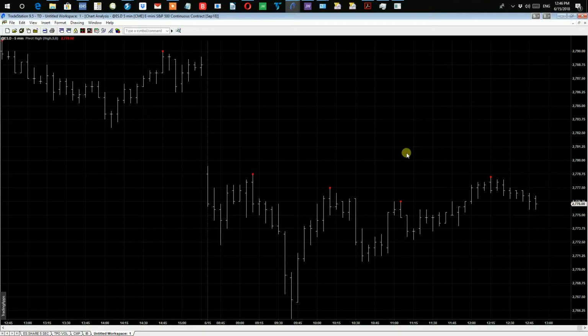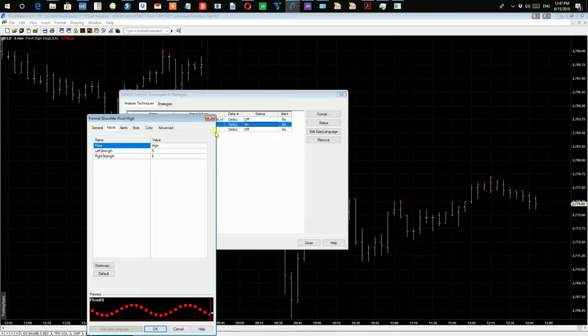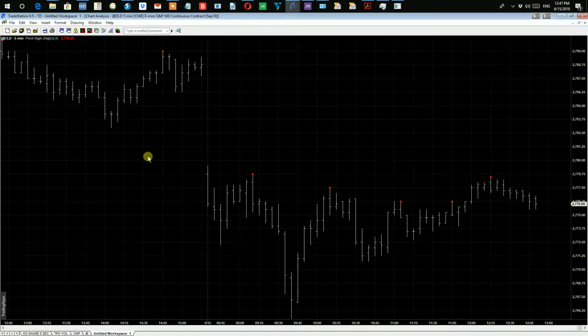Now, right now, we've got this set for 5 bars back for the left strength, 6 for the right strength. Let's suppose we change this to 1. A right strength of 1 doesn't really change things too much on a 5-minute chart.